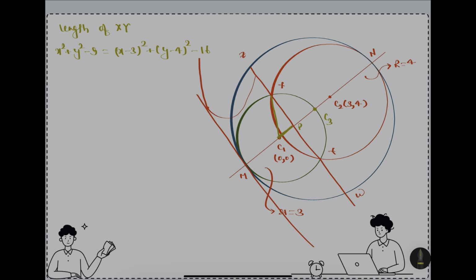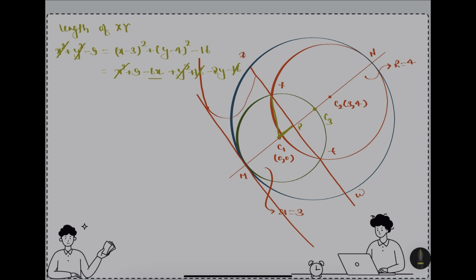Now a square plus b square minus 2ab, a square plus b square minus 2ab. Now you can cancel x square with x square, y square with y square, this 16 with this 16. Now I'll ask everyone to come to the same side.